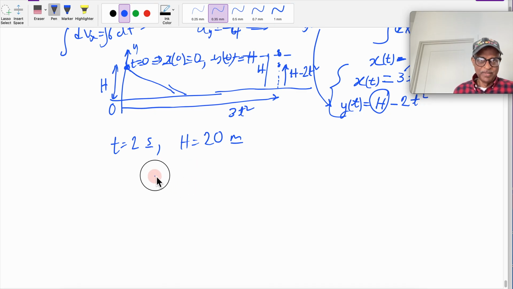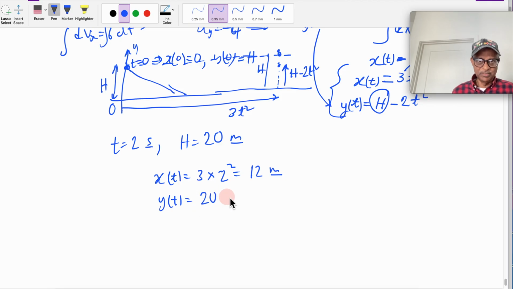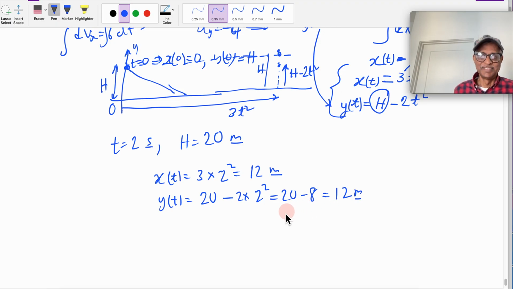So x of t will be 3 times 2 square equals 12 meter, and y of t equals 20 meter minus 2 times 2 square. 20 minus 8 is actually 12 meters. Instead of 20 meters, it would have come down 8 meter.